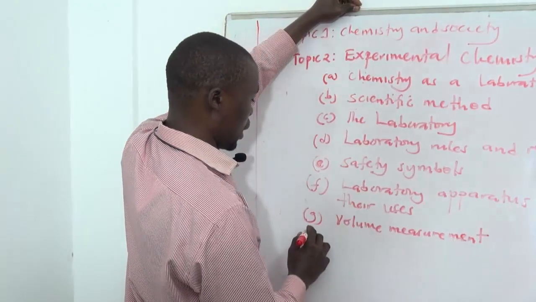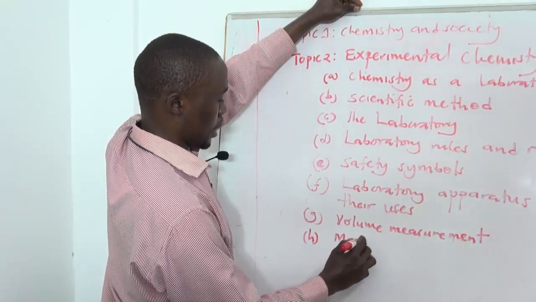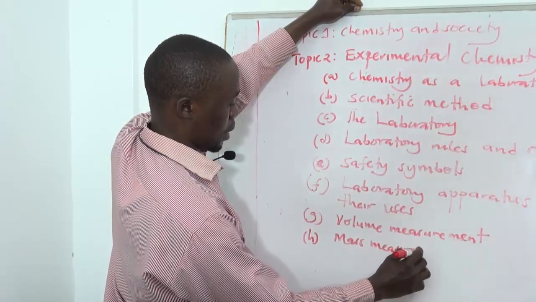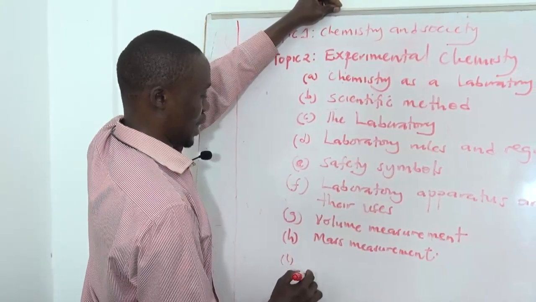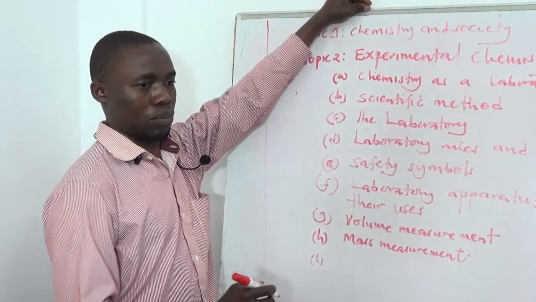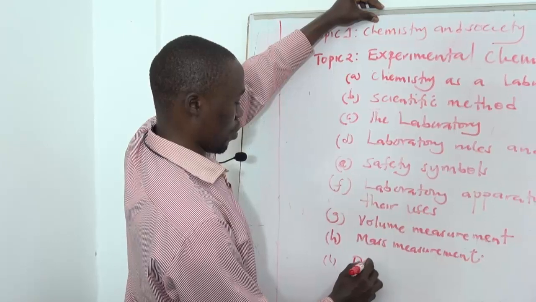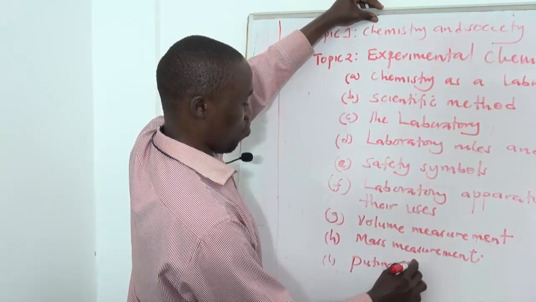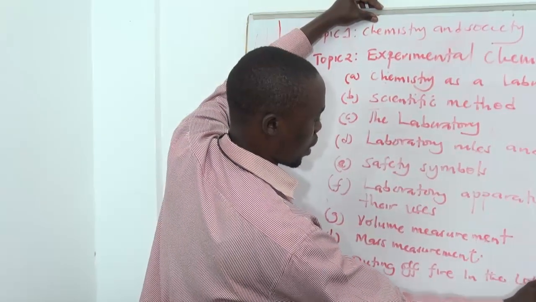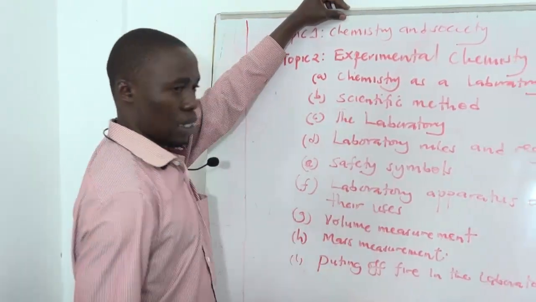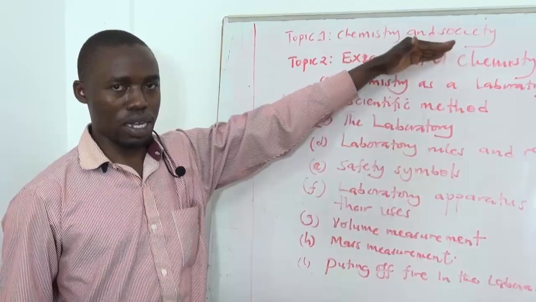And we shall also see mass measurement. Then we shall finally look at putting off fire in the laboratory. And that will mark the end of this topic called experimental chemistry.